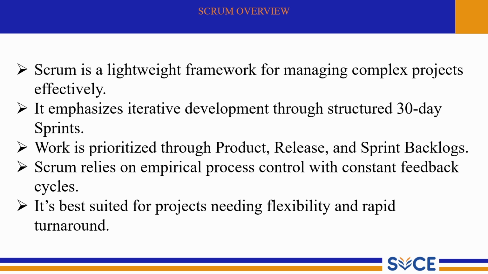Here, the daily stand-ups, sprint reviews and retrospectives ensure transparency and allow continuous inspection and adaptation. So, Scrum is best suited for projects needing flexibility and rapid turnaround. When requirements change often or when early delivery of working software is critical, Scrum works best. It allows the team to pivot quickly and deliver business value faster compared to traditional methods.